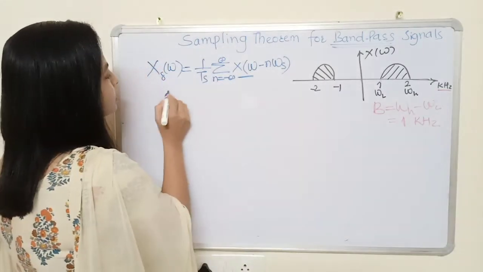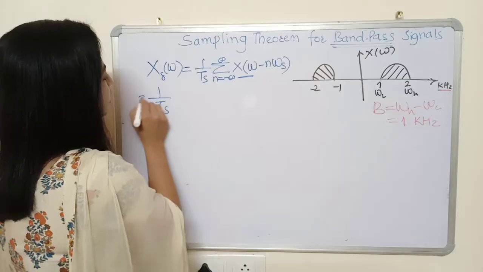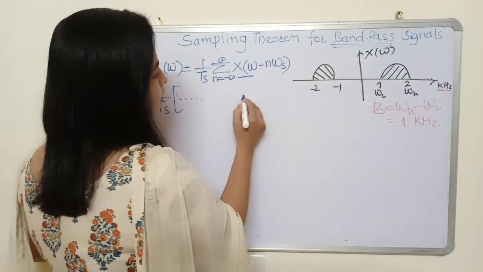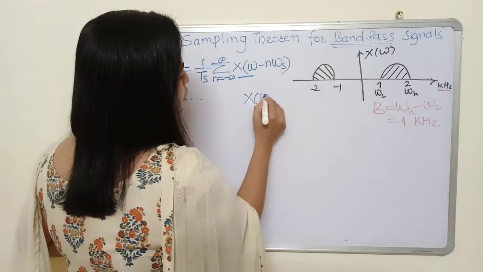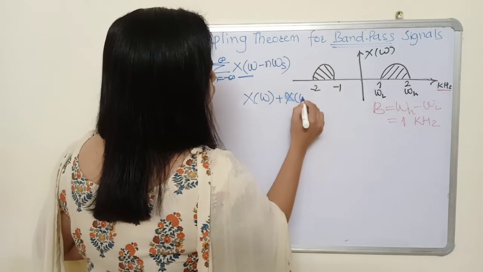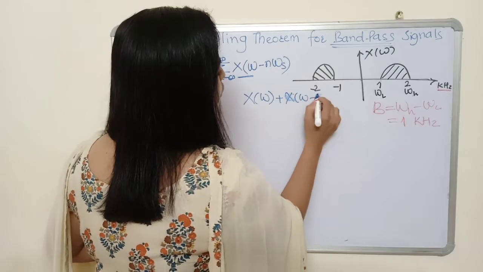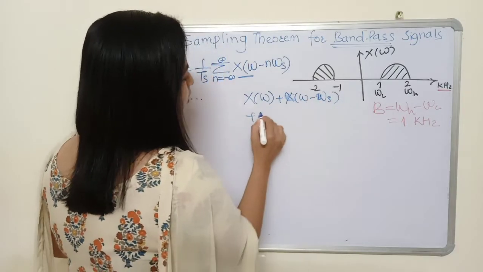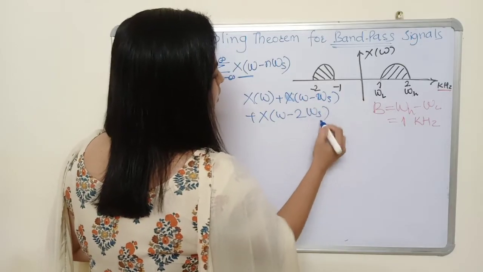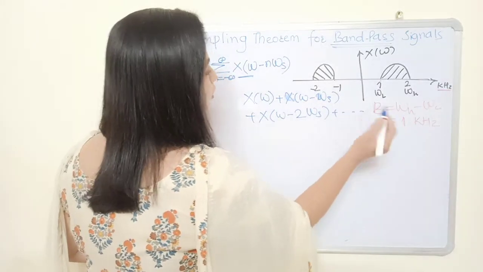So I can write this like 1 upon Ts times the sum of X of omega, plus X of omega minus omega s, plus X of omega minus twice the sampling frequency, and so on.